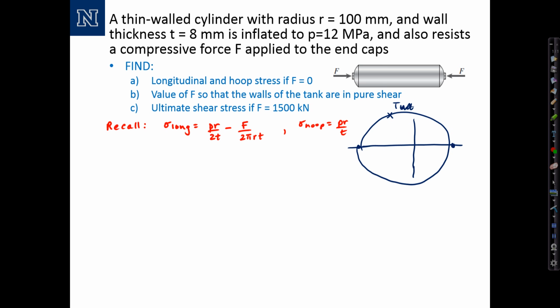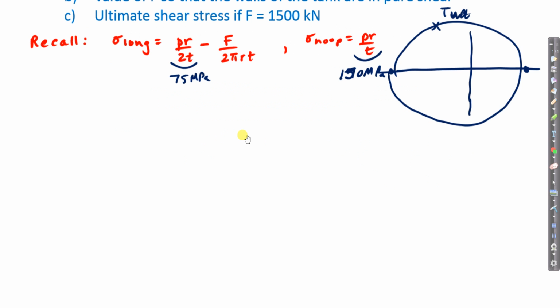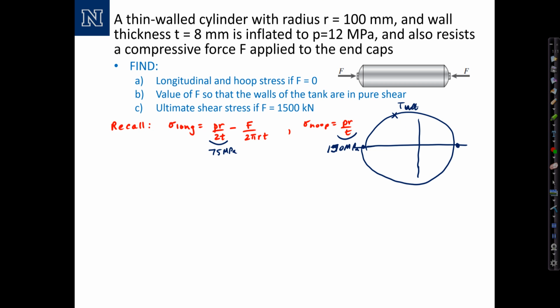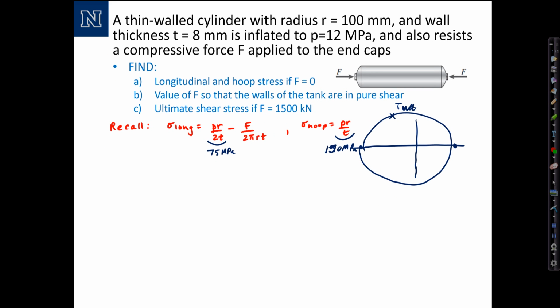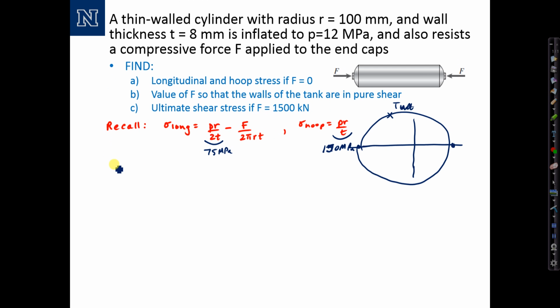Okay, we can recall and use the equations that we found in part B. Sigma longitudinal equal to PR over 2T, and remember this was 75 megapascals, and sigma hoop equal to PR over T, this was 150 megapascals. So let's calculate, with the new given F, this term right here.